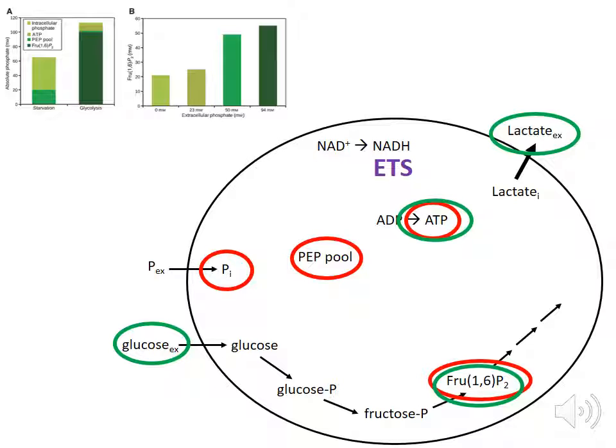In one of the figures they do look at NAD and its levels versus the levels of NADH, and you see this effect where when one goes up, one goes down. That's because during the electron transport system, your NADH is going to be pumping those hydrogens across the cell membrane of the bacteria. Then as the hydrogens come back in, you're able to get ATP production through the ATP synthase.